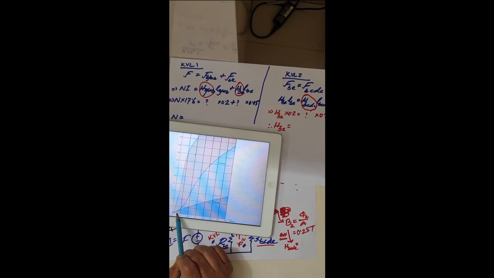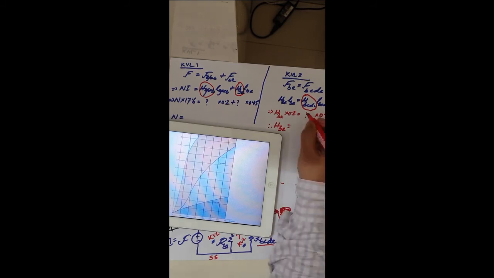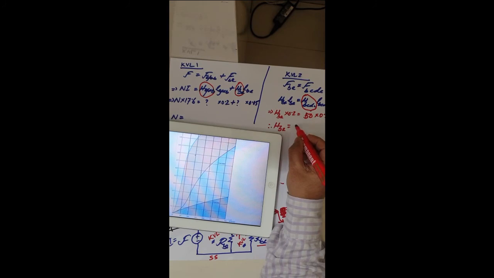So this gives you 50 ampere turn per meter. You can check in your own BH curve for this corresponding value. So we assume this is 50, then we substitute the value here, and after substituting the value, the H_BE calculation gives you 200 ampere turn per meter.